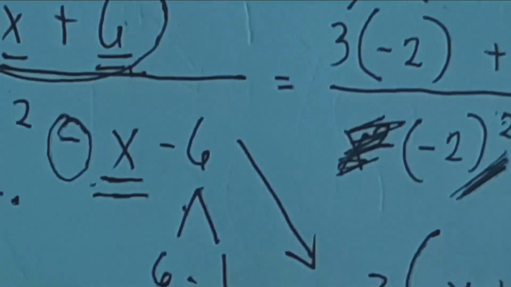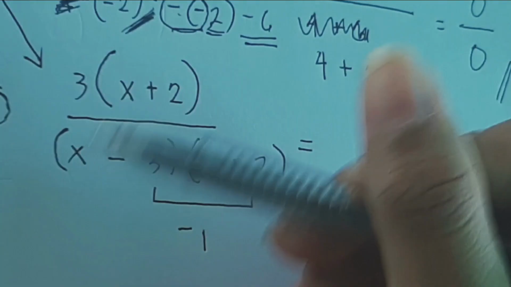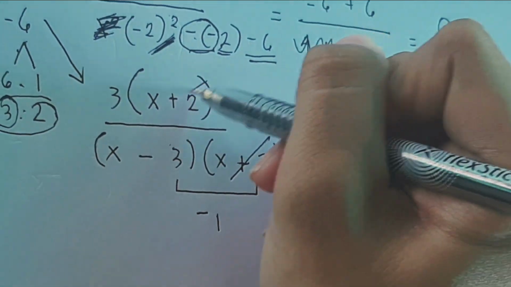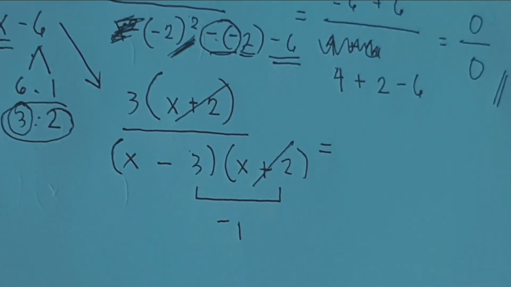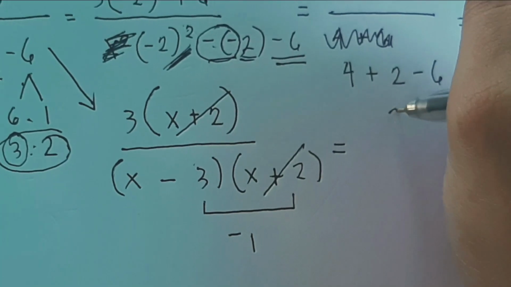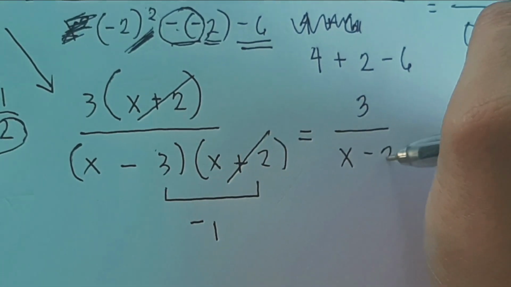Right? Yes. After that, we come up with this equation, and then we're going to cancel this one and this one because they're alike. It's the same. So yeah, it's 3 over x minus 3.